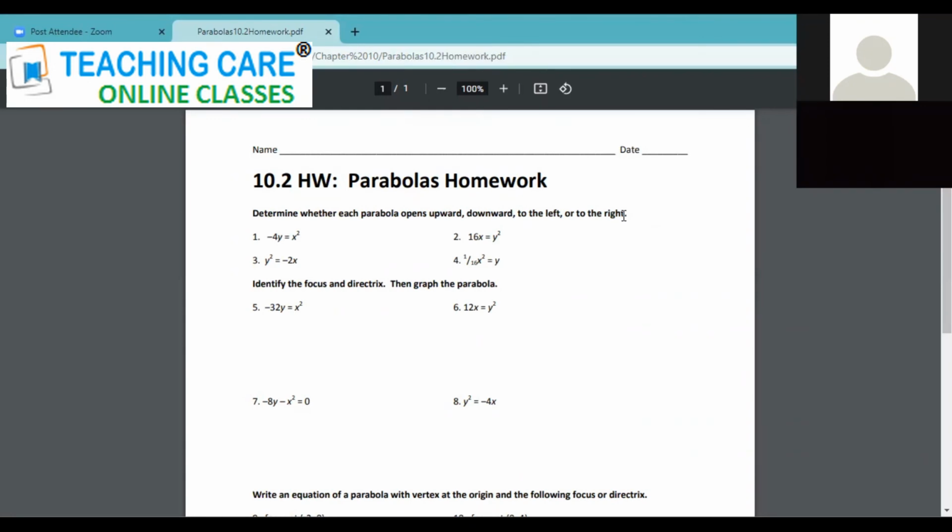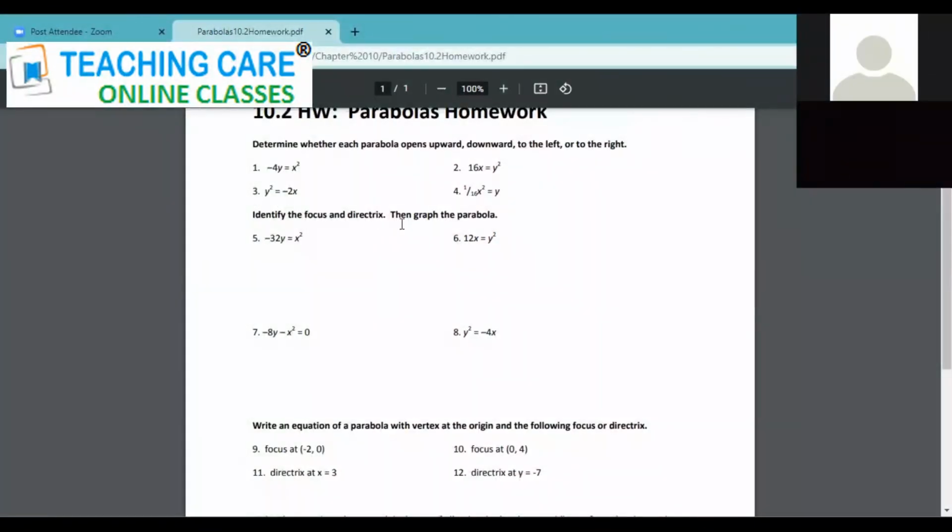Okay, next. You need to identify the focus and directrix. Let's try number 5 first: negative 32y equals x squared. I think it will be opening downwards. It's a reflection.